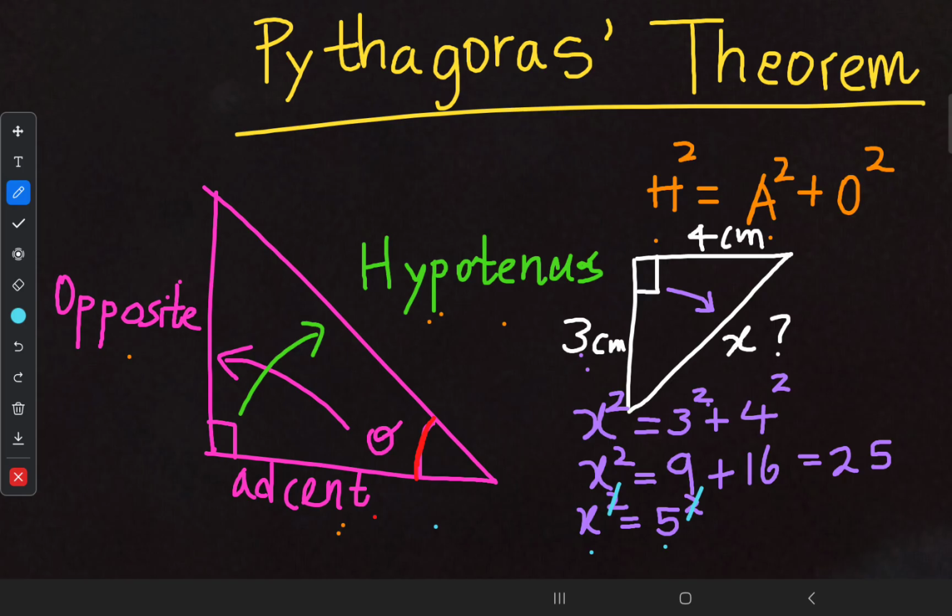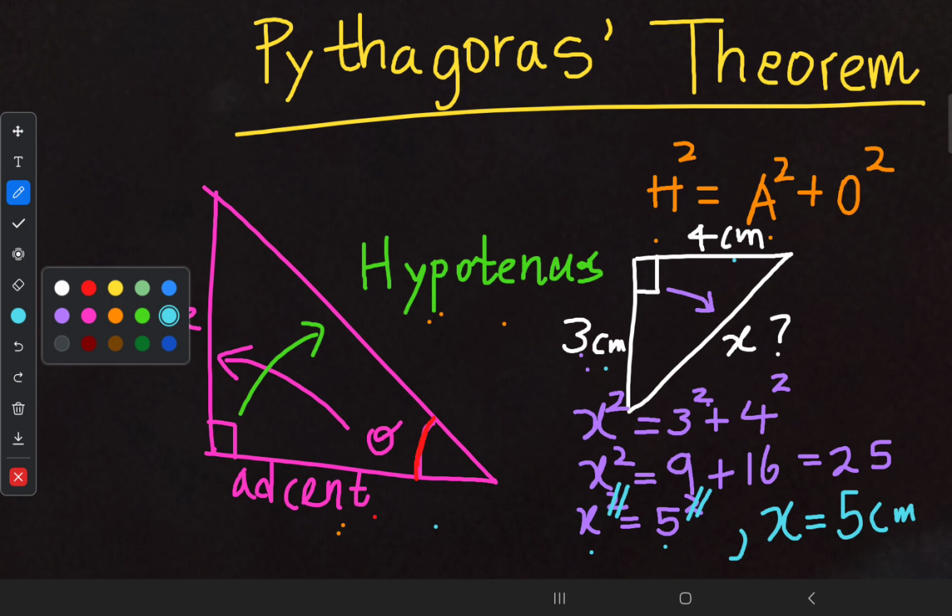Both have the square function, so let's neglect that. So finally, x equals 5. The unit should be centimeters because the other units are in centimeters. So the length of the hypotenuse in this right angle triangle is 5 centimeters.